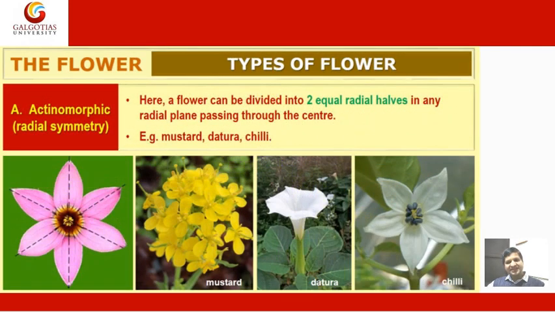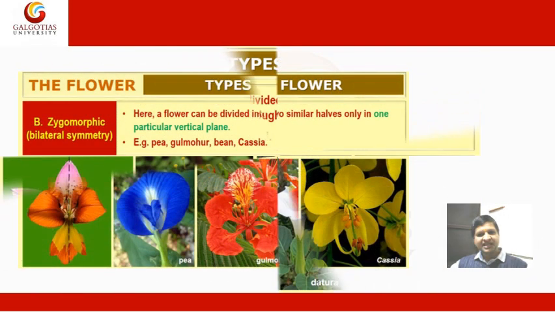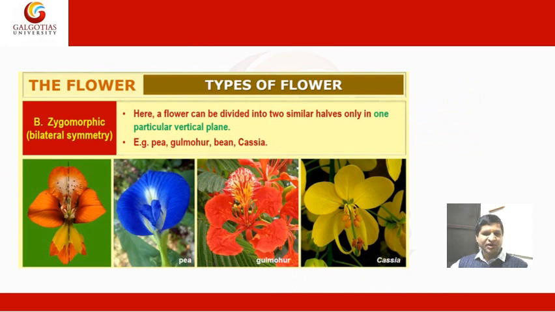Types of flower: first we will discuss actinomorphic or radial symmetry. Here, a flower can be divided into two equal radial halves in any radial plane passing through the center, like mustard, datura, and chili. Next is the zygomorphic or bilateral symmetry.